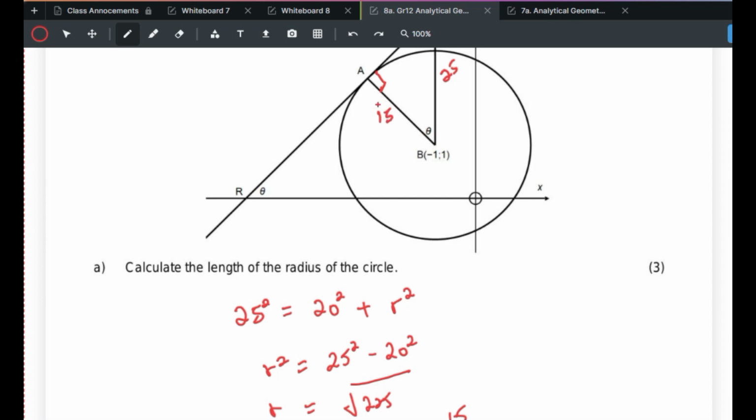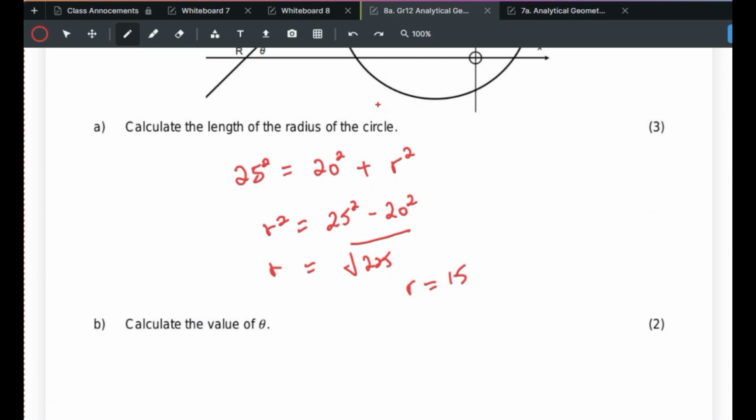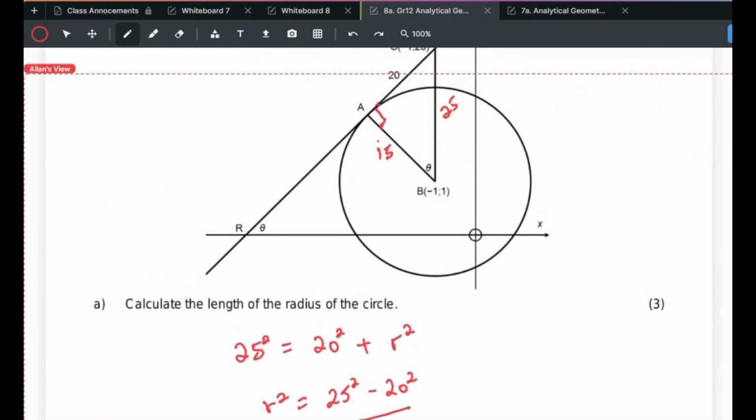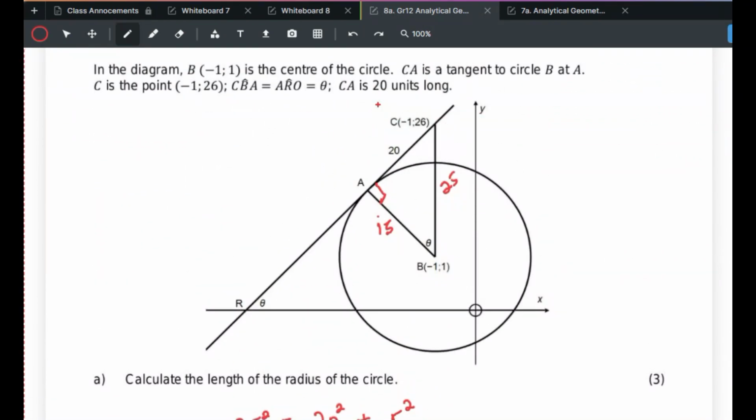Okay, very good. Now they ask you to calculate the angle theta. So the $1 million question is: do you get the angle theta from here or from here?